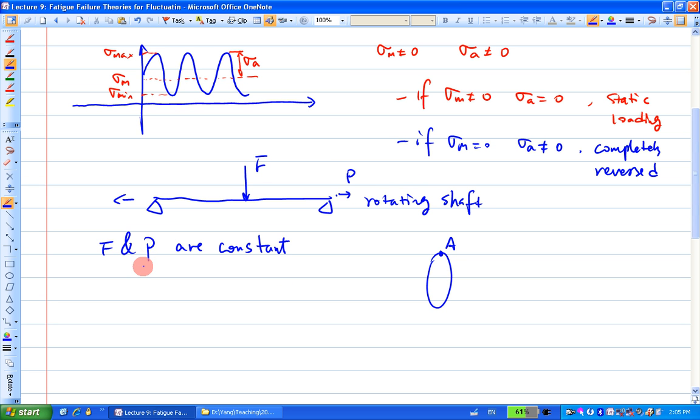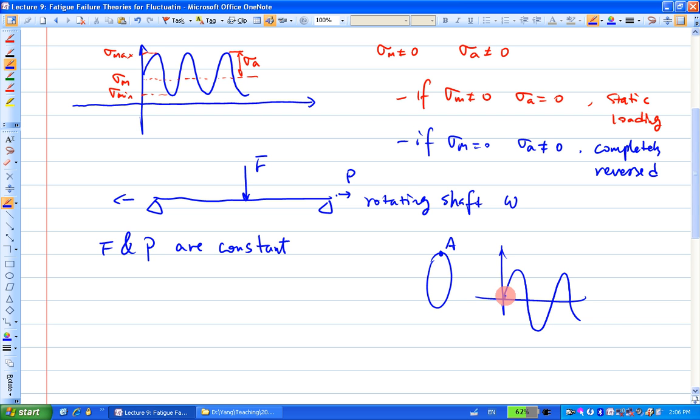F and P are constant, but it's a rotating shaft. If there's no P here, and I cut a cross section looking at this location A, rotating at a constant speed omega, the point A will exhibit a completely reversed stress. But now you have the P here. The P will add a constant tensile axial stress.